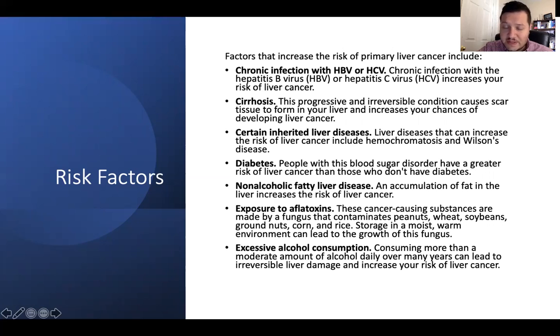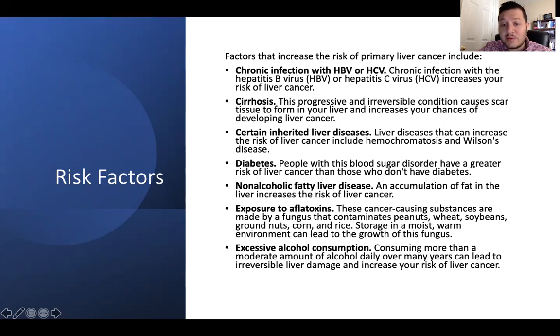Liver cirrhosis, this is scar tissue that forms due to liver damage, whether it be from alcohol or other substances that a person abuses. There's also different inherited links of liver disease. These increase the risk of liver cancer, such as hemochromatosis and Wilson's disease.